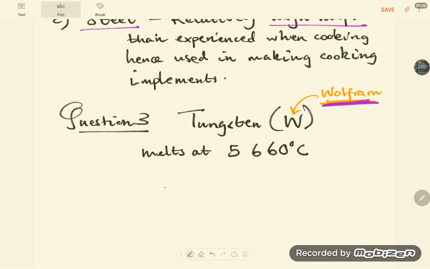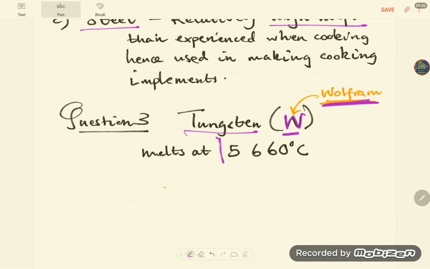Hence, if you look at the chemical symbol in the periodic table, you'll notice that it's actually a fancy W, and you'll be asking yourself, where's the W coming from in the word tungsten? It's because it's also known as wolfram. Unfortunately, some of the chemical names that we now know things by today, there were already some names that existed before, so those names still carry weight, hence the W there.